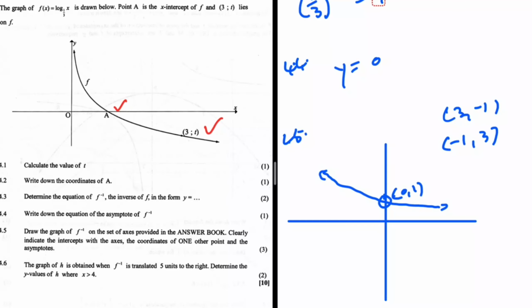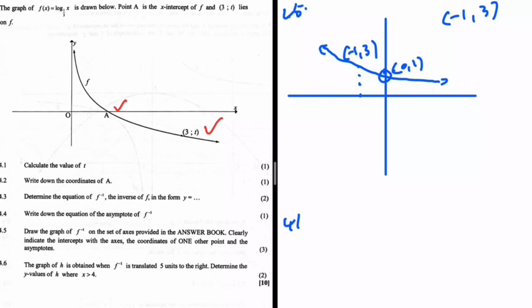So somewhere here, how do I write this nicely? Minus 1, somewhere here, we have the coordinate where x is minus 1 and y is 3. Let me verify: 1 over 3 to the minus 1 is 3 indeed. So that is the other point that they are looking for.